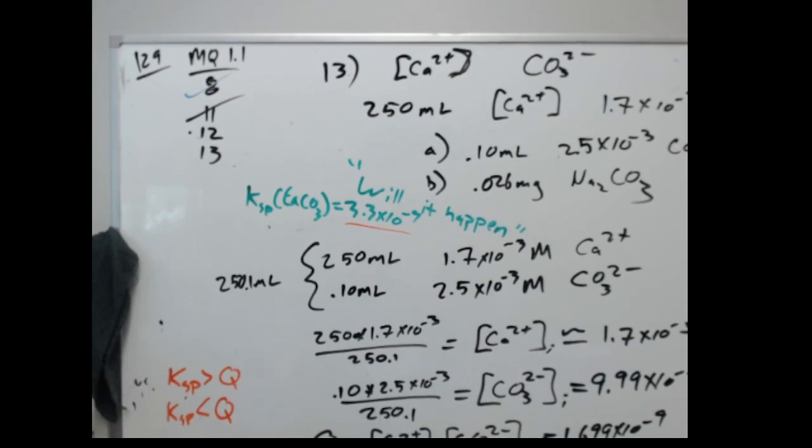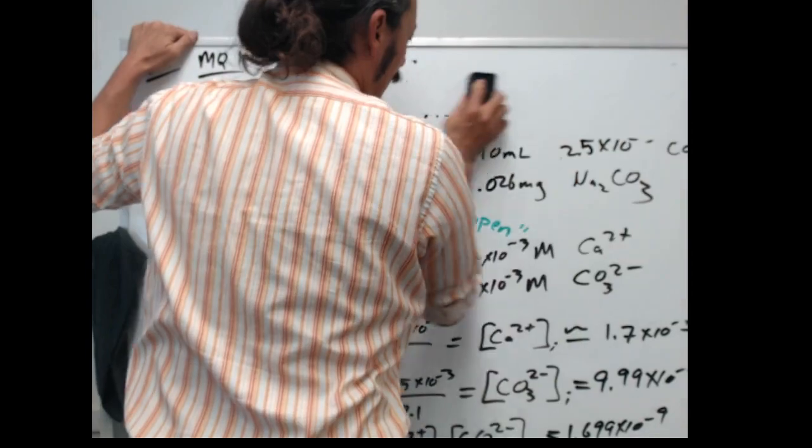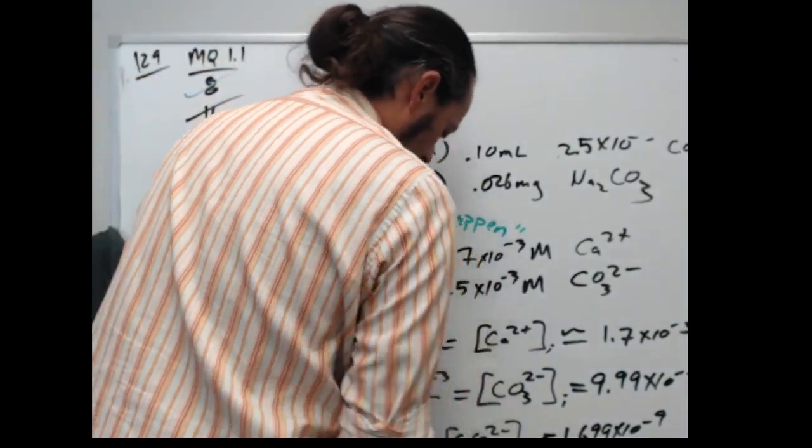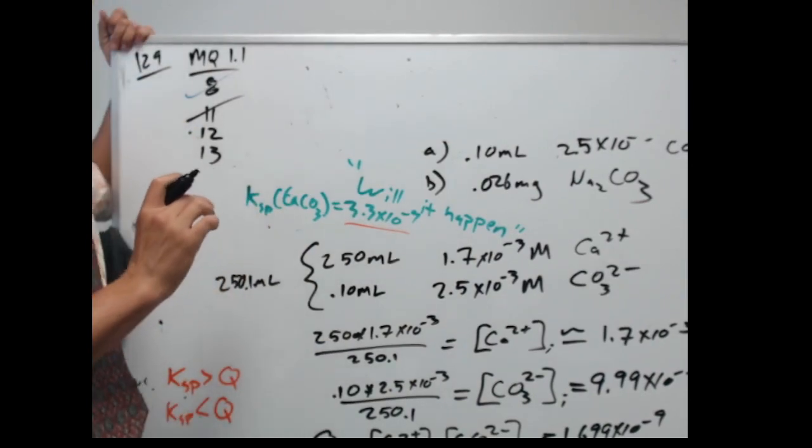So for the will it happen, does that mean like the precipitate forming? Yeah, the problem specifically asks, will a solid form? Since this is a KSP reaction, let me write this up here real quick. What does a KSP reaction always tell us?